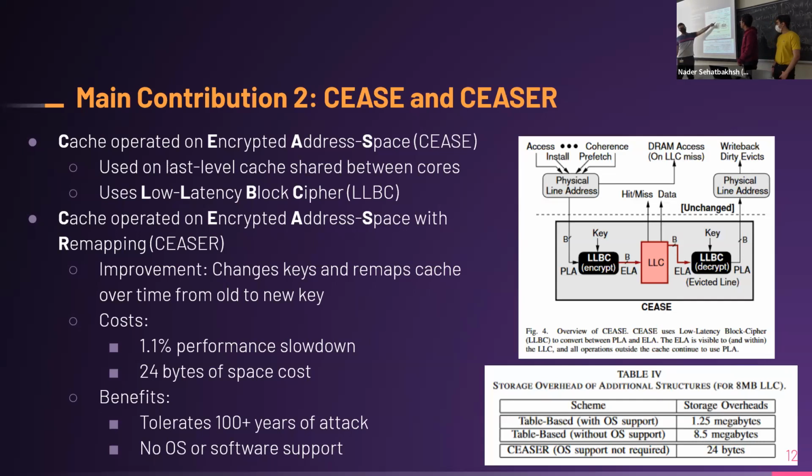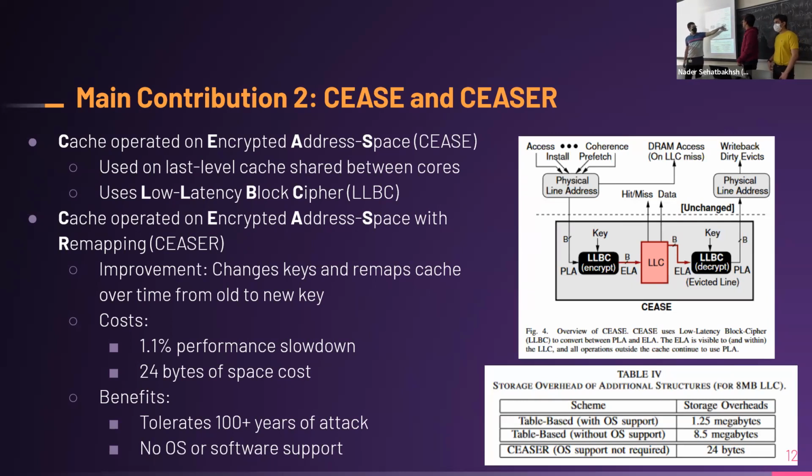So this is based on that, saying the chances of finding multiple addresses in the same set is very, very low. The overhead, though, is that whenever you want to access your last level cache, you need a decryption as well, right? In the normal scenario, you have the physical address, you go to the cache, you bring the data.